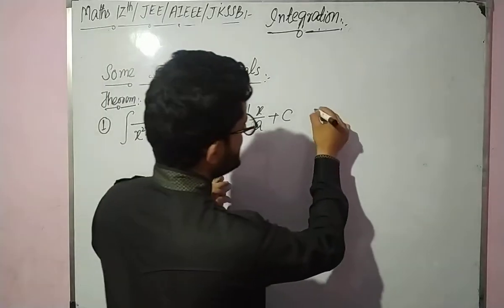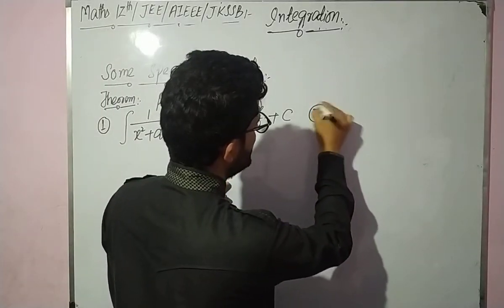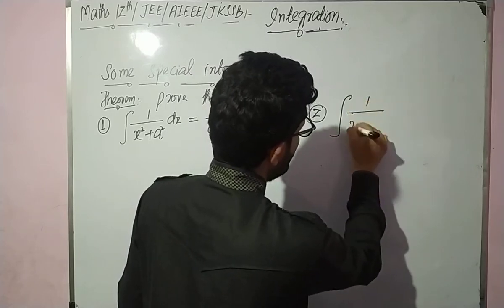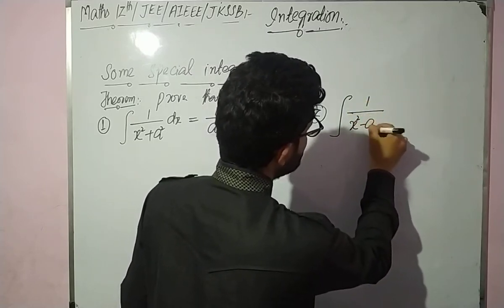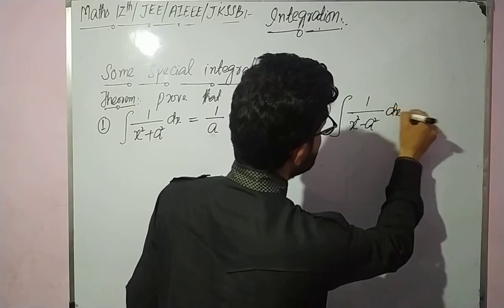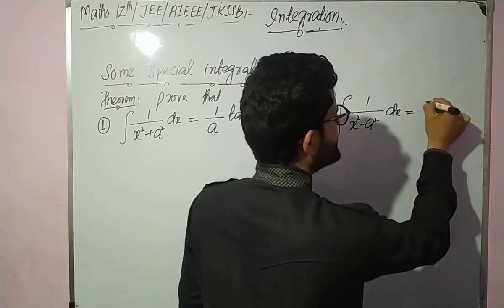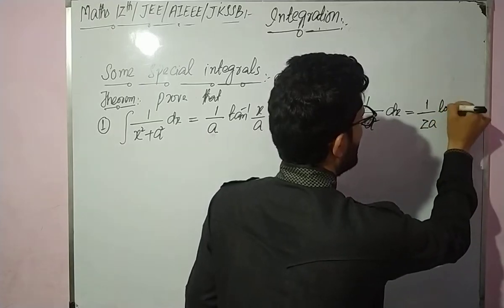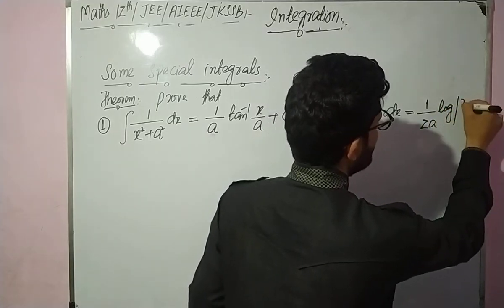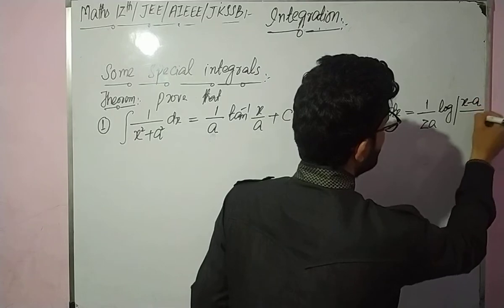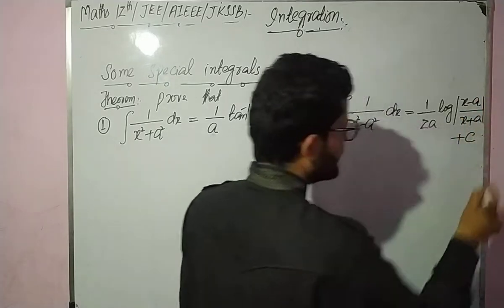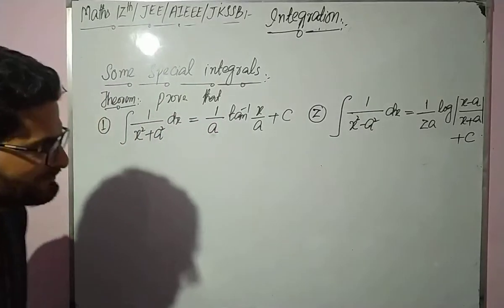The second special integral that we are going to prove here is integration of 1 divided by x square minus a square into dx, and its antiderivative is 1 divided by 2a log of mod of x minus a divided by x plus a plus c, the constant of integration.